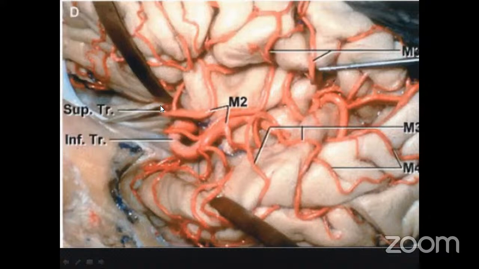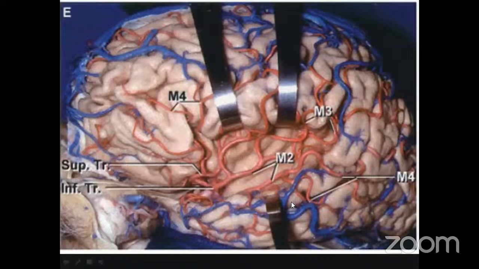This is again the lateral surface showing the superior and inferior trunks, becoming the M2, 90-degree turn, which is the genu basically, and then the M3 segments, which run on the surface and then take another turn and become the cortical branches of the MCA. So the similar picture: superior and inferior trunks, M2, M3, which takes the turn and becomes the cortical branches on the surface.